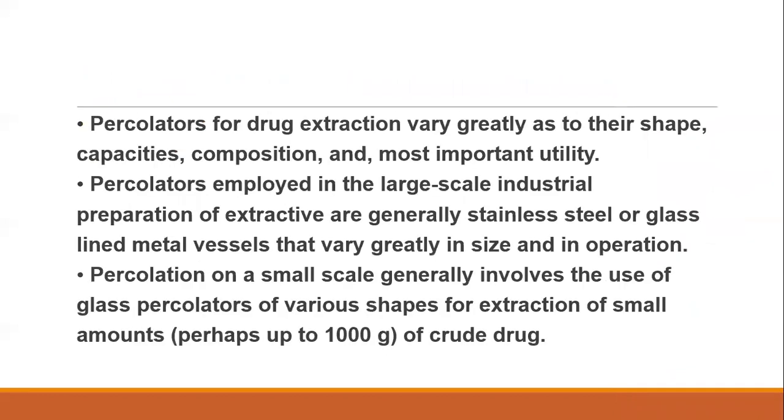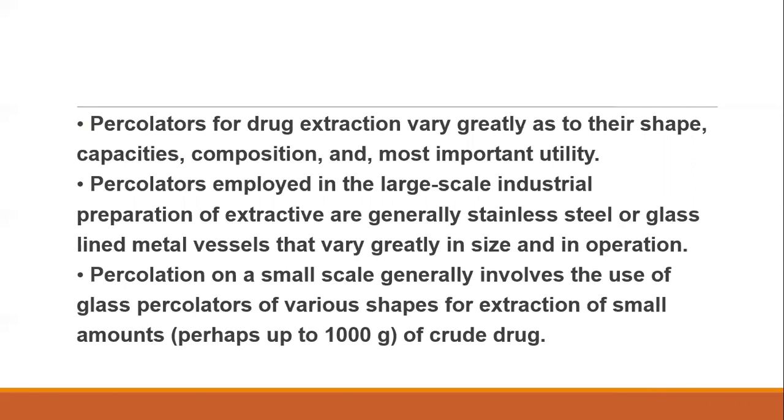Percolators for drug extraction vary greatly as to their shape, capacities, composition, and most important, utility. The percolators are not always of the shape which I showed you in my last slide. They can be of different shapes and capacities, and you can keep your compounds in different compositions, but most important is the utility.